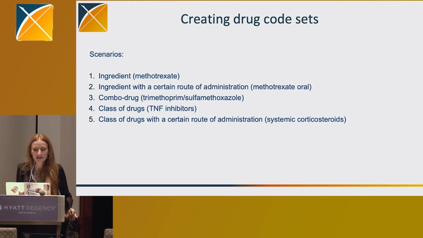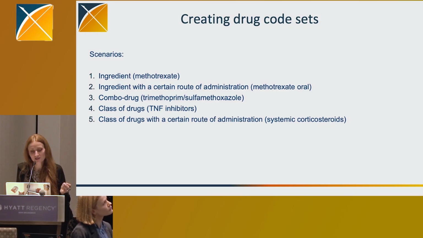So now we have scenarios to create this concept set in Atlas. The first one is just to find an ingredient, a particular ingredient. It will be methotrexate. Then the second one, ingredient with a certain route of administration, methotrexate oral. Then a combo drug, like trimethoprim plus sulfamethoxazole.